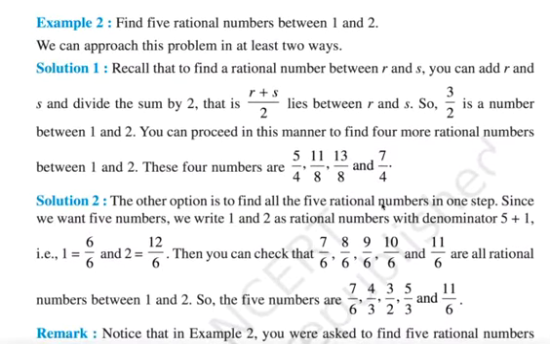Find 5 rational numbers between 1 and 2. How to find? By the averaging method. 1 plus 2 by 2. But here we need to find 5 rational numbers, so you must divide by 6.